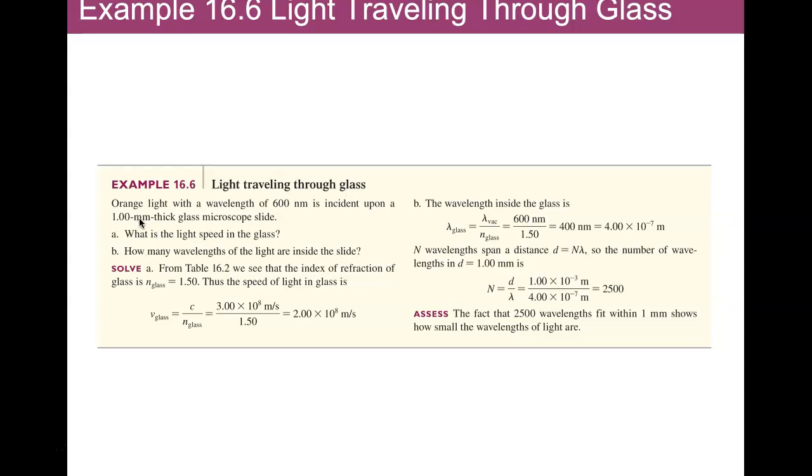It's 1 millimeter, so that's 10 to the minus 3 meters. To see how many wavelengths fit there, we divide the total thickness by the length of one full wavelength, which is 400 times 10 to the minus 9, or 4 times 10 to the minus 7, and we find the answer.